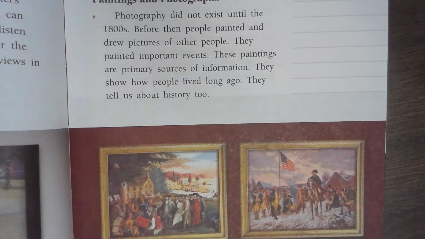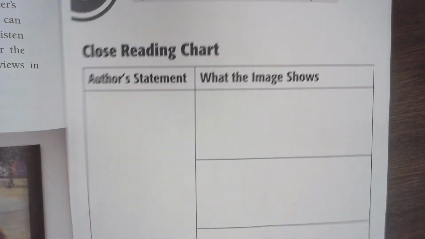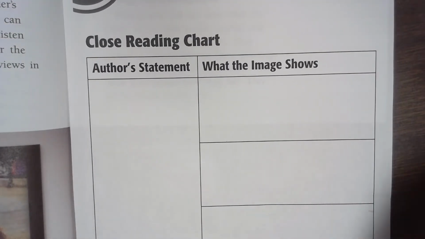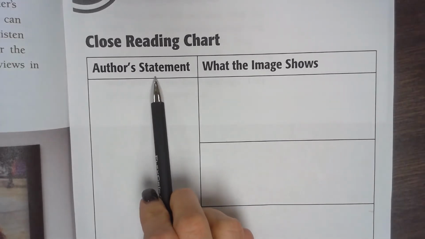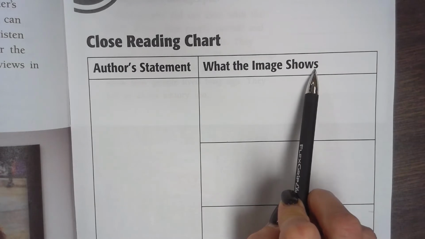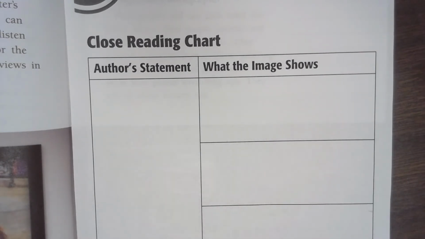So we are going to use the worksheet that we have below, this graphic organizer, to help us with our thoughts. We're going to talk about the author's statement, and then we are going to add some details about what the images show to help us understand that.